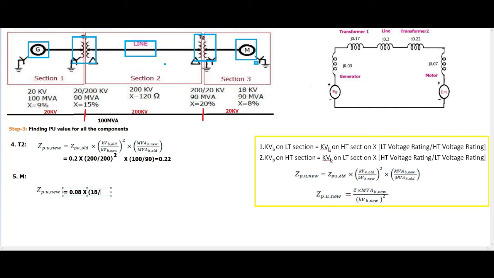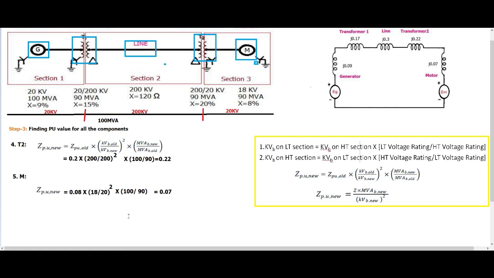The new base voltage for section 3, the motor lies in section 3, hence we have to choose 20, 20 the whole square, then multiplied by new base power 100 divided by old base power 90, correct. Solving this we will get 0.07. Now we have found out the per unit impedance for all the 5 components.